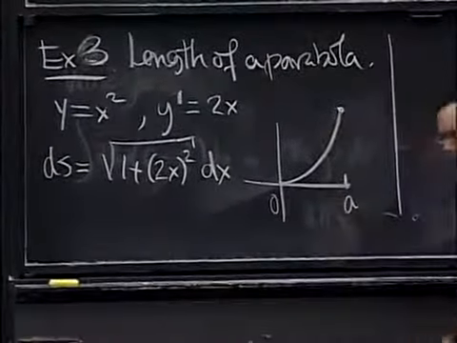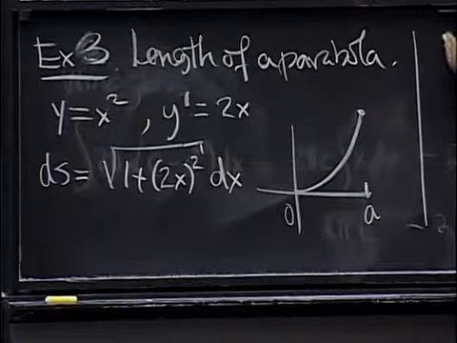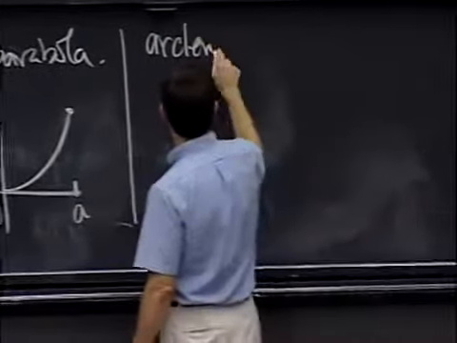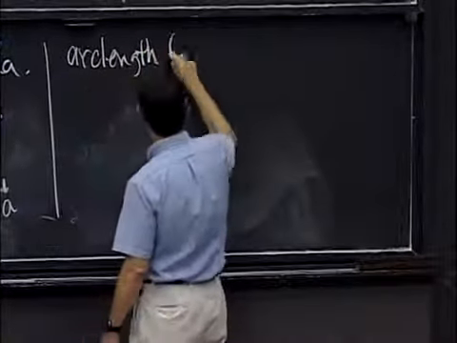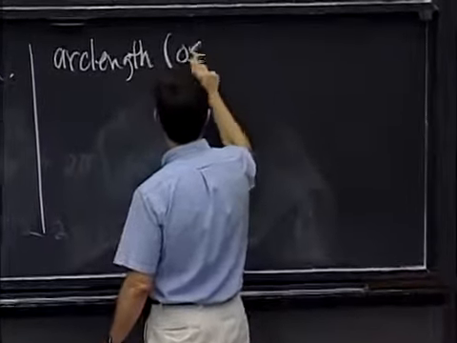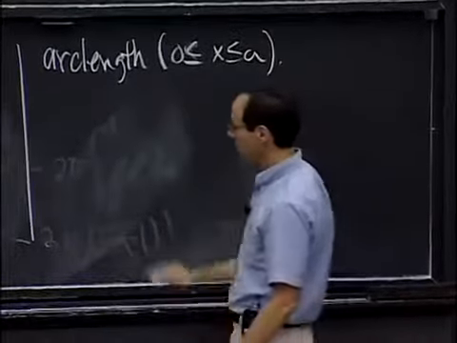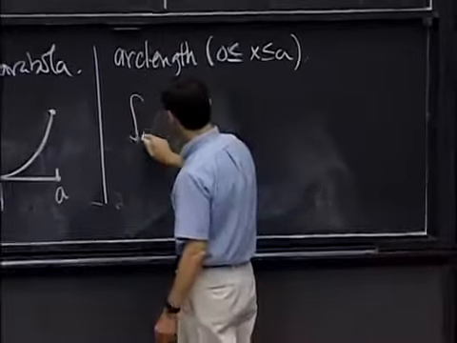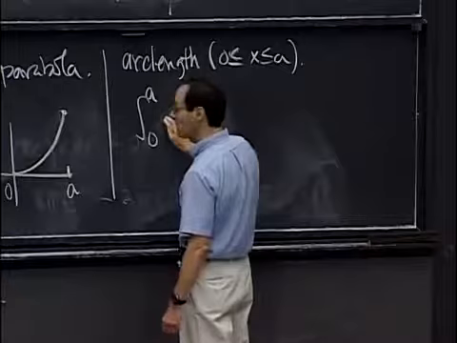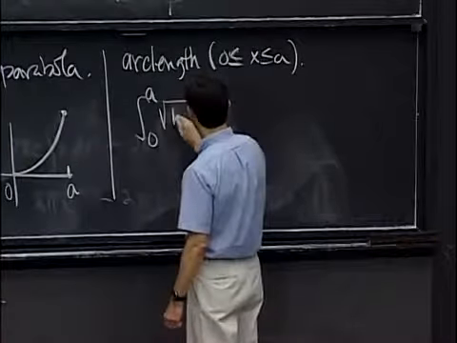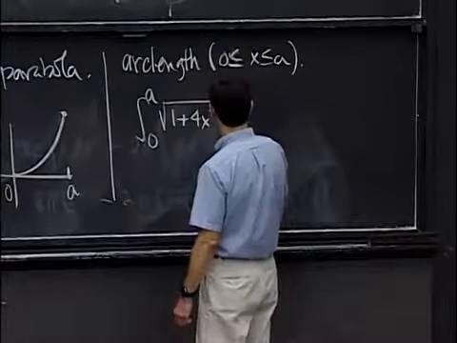So that's the chunk. And then its arc length between 0 and a of this curve is the integral from 0 to a of square root of 1 plus 4x squared dx.